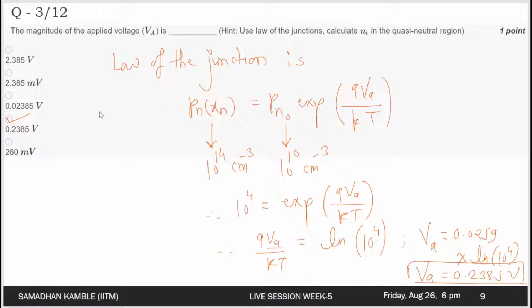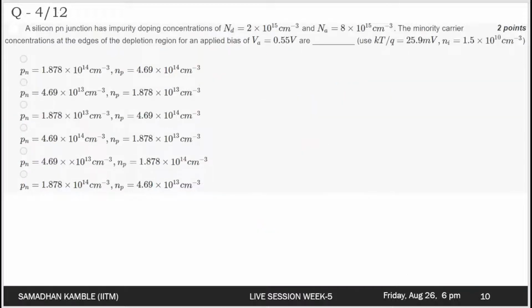Okay, so let us move to question number 4. The question is also quite simple but a little intimidating. A silicon PN junction has impurity doping concentrations Nd and Na. We need to calculate the minority carrier concentrations at the edges of the depletion region for an applied bias of 0.55 volt.